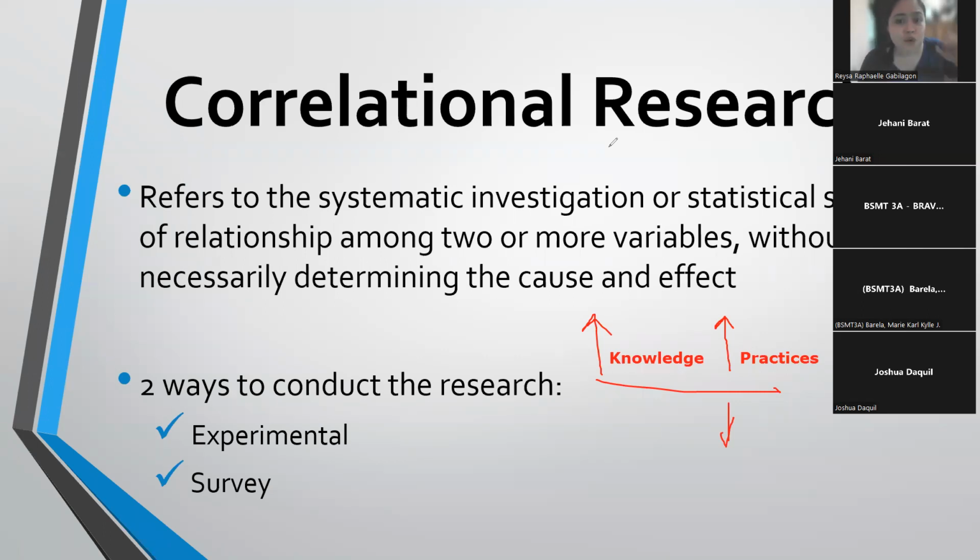Which means, kung tumaas ba yung stress, kung tumaas ba yung workload, baliktad. Kung tumaas ba yung workload, tataas din ba yung stress levels nila or the other way around. Okay? So that is actually tama. That is a descriptive correlational study.